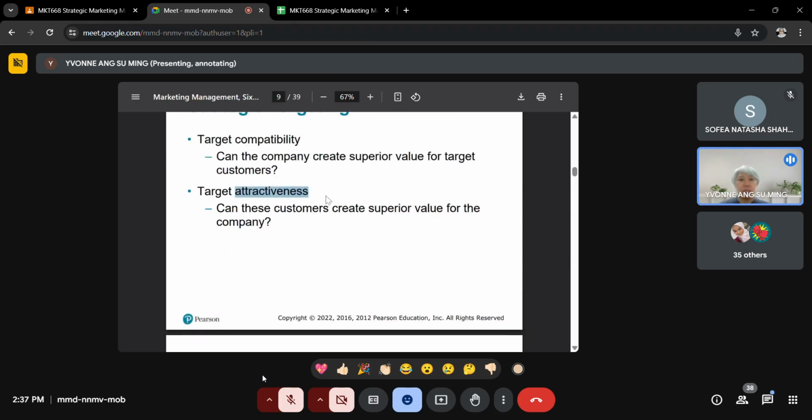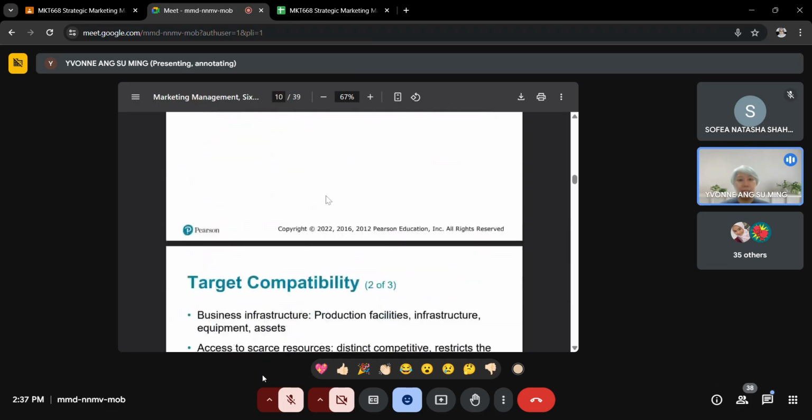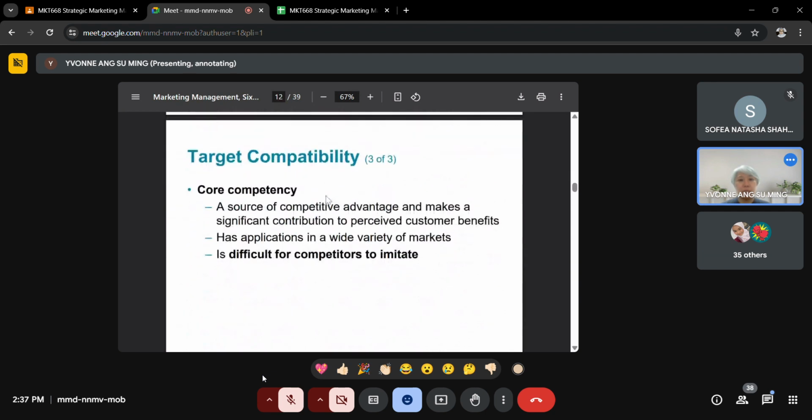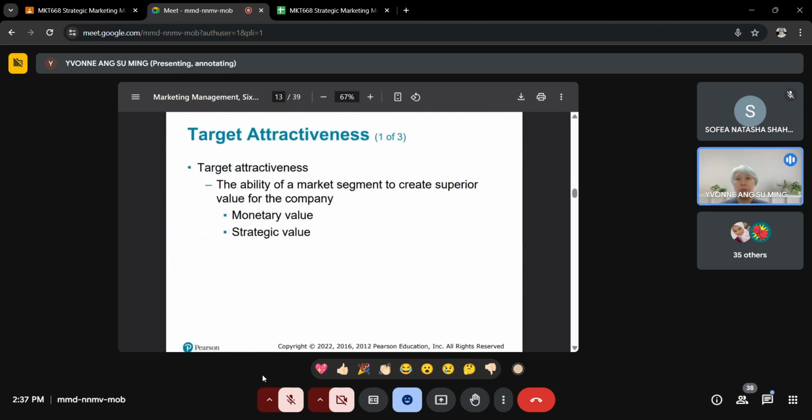Okay, so for target attractiveness, we are going to evaluate it from the point of view of whether the market segment can create value for the company.